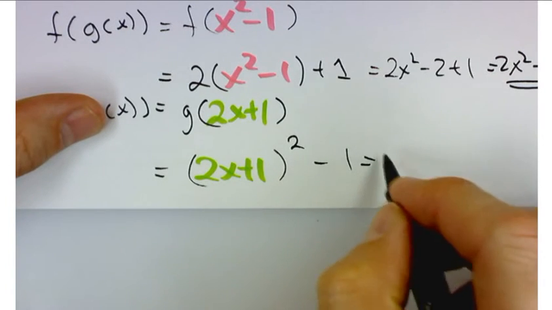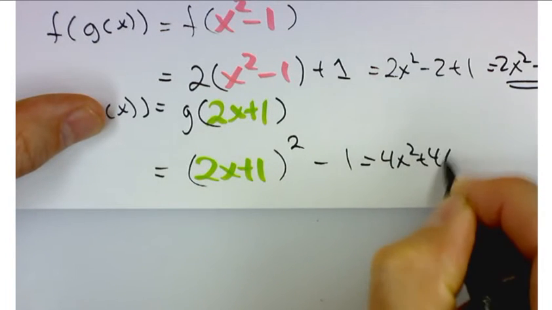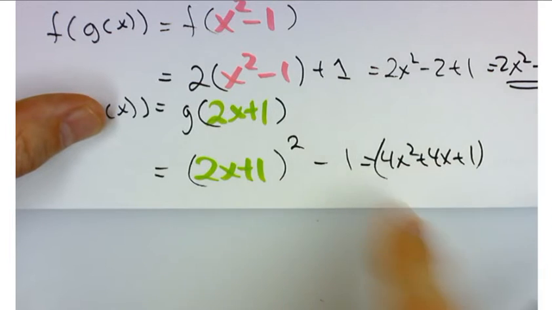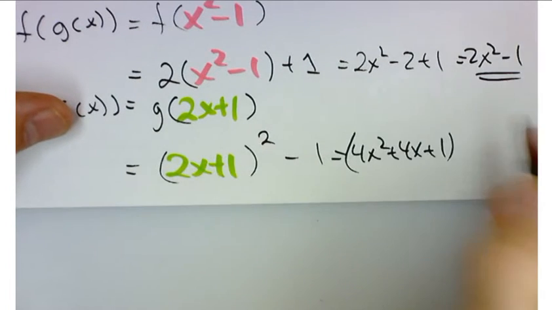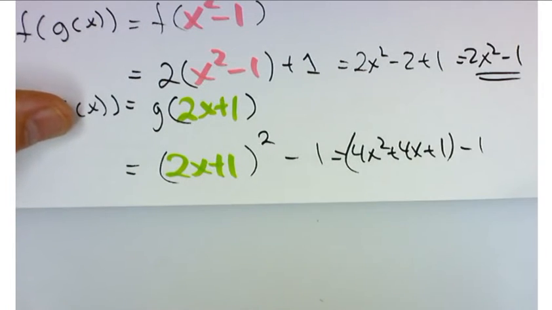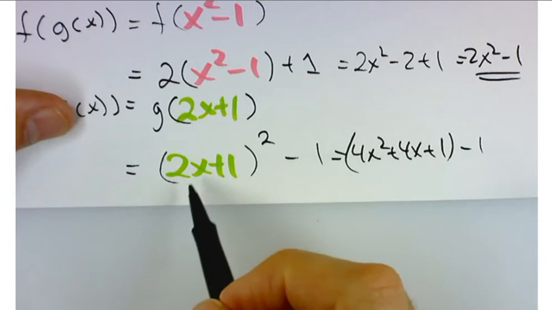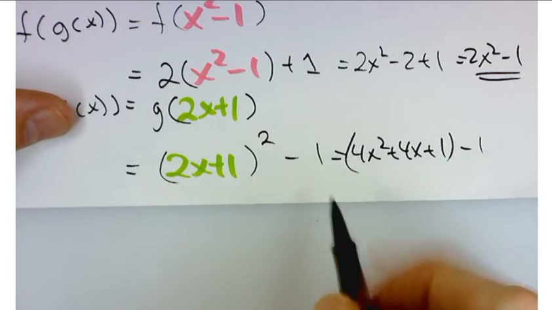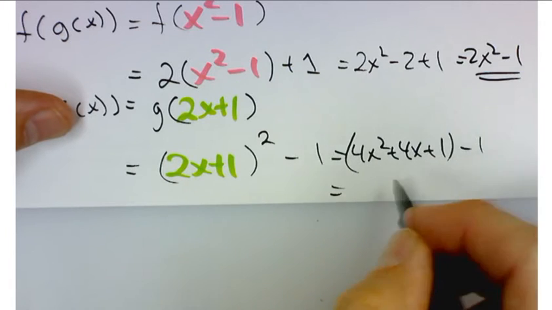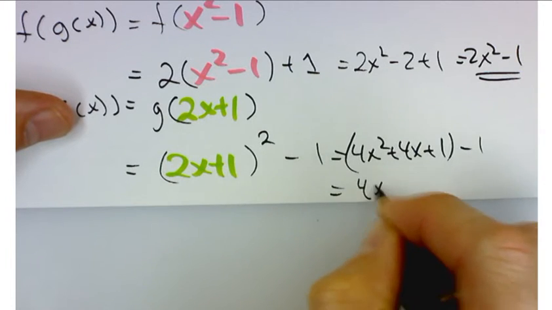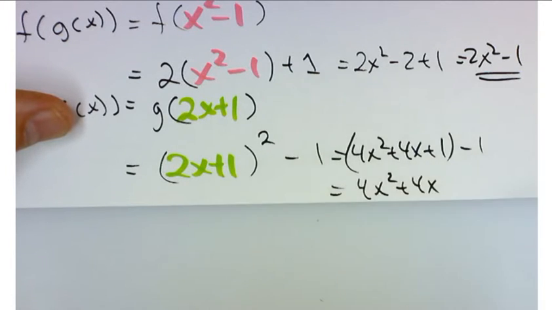That's going to be 4x squared plus 4x plus 1. When we square that, we still have the minus 1 here. So, sorry I cheated you out of that demonstration. When we subtract, cancel the like terms, you should end up with 4x squared plus 4x as your final answer.